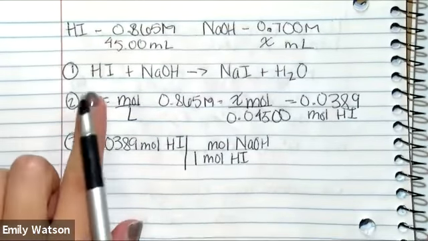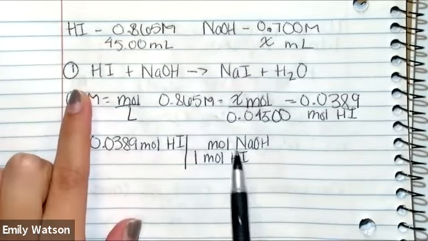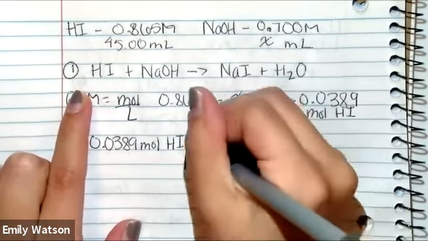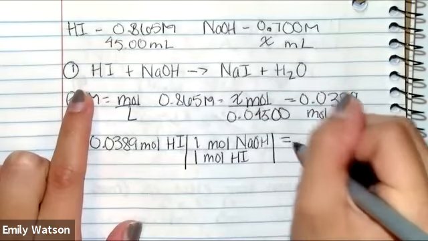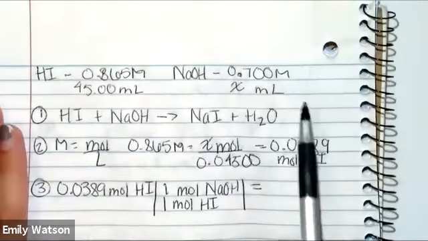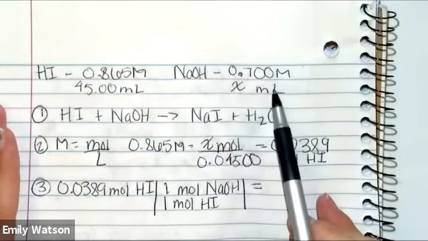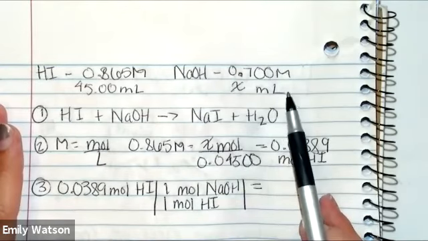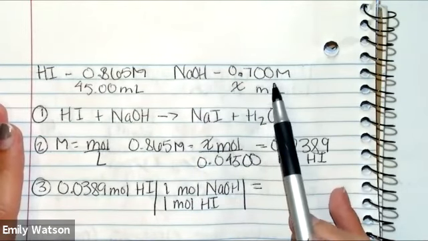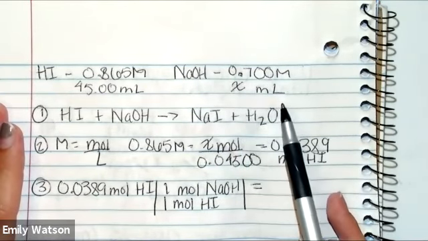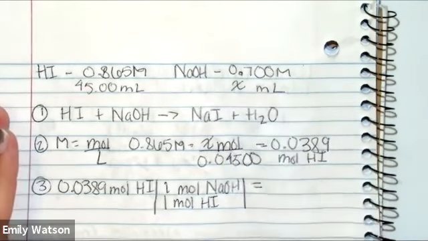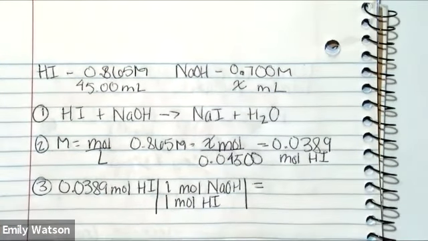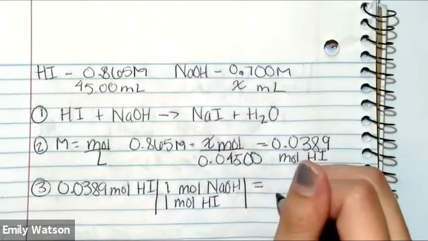And this equation here is giving us that relationship that we can use. And then we calculate because we need to get moles. We have molarity, we're trying to find milliliters. So that means we have to have moles to be able to calculate, right? So this just means how many moles of NaOH do we have?